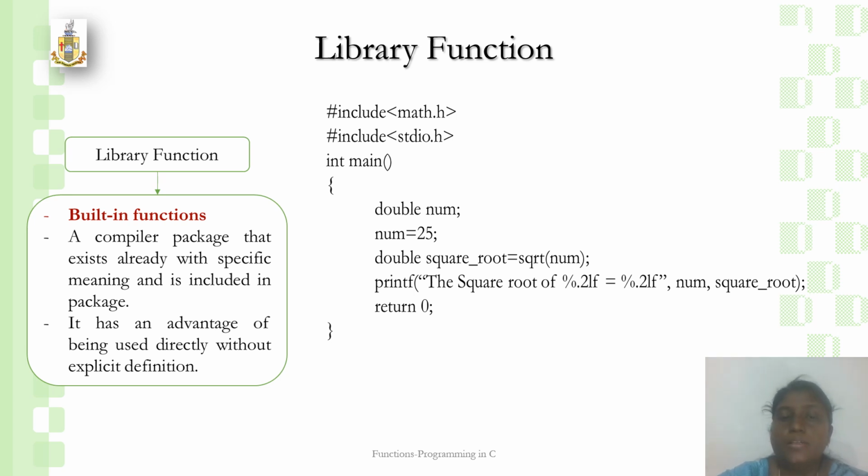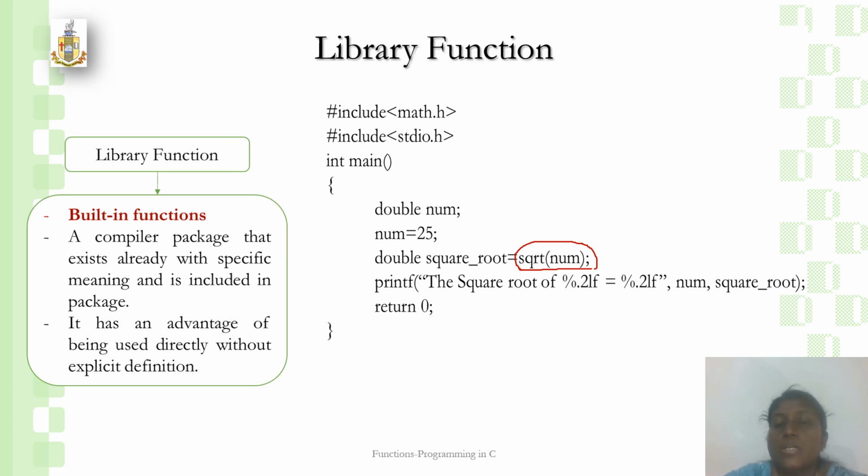Standard IO input output header, and int main, double number. We are declaring a variable number as double, and num is equal to 25. Double square root is equal to sqrt of num. Here sqrt is an inbuilt function, or library function, which has its definition already in the package math.h.